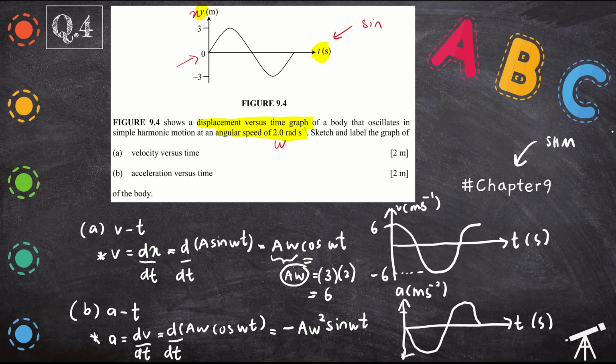This time your amplitude is going to be A omega squared. It is equal to 3 times 2 squared, so it's 12. Now you can label 12 here and also negative 12 below. So this is your graph for v against t and also a against t.